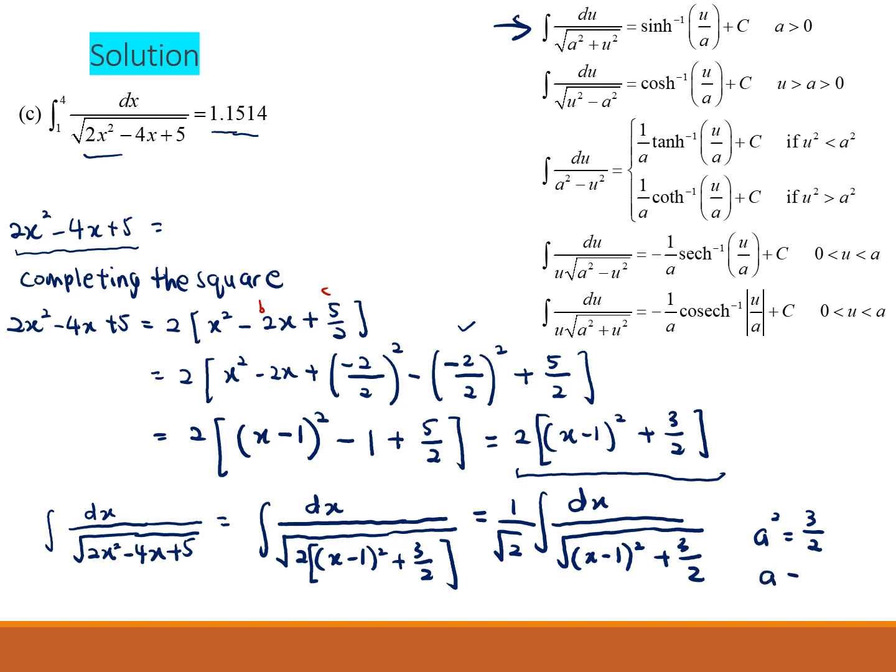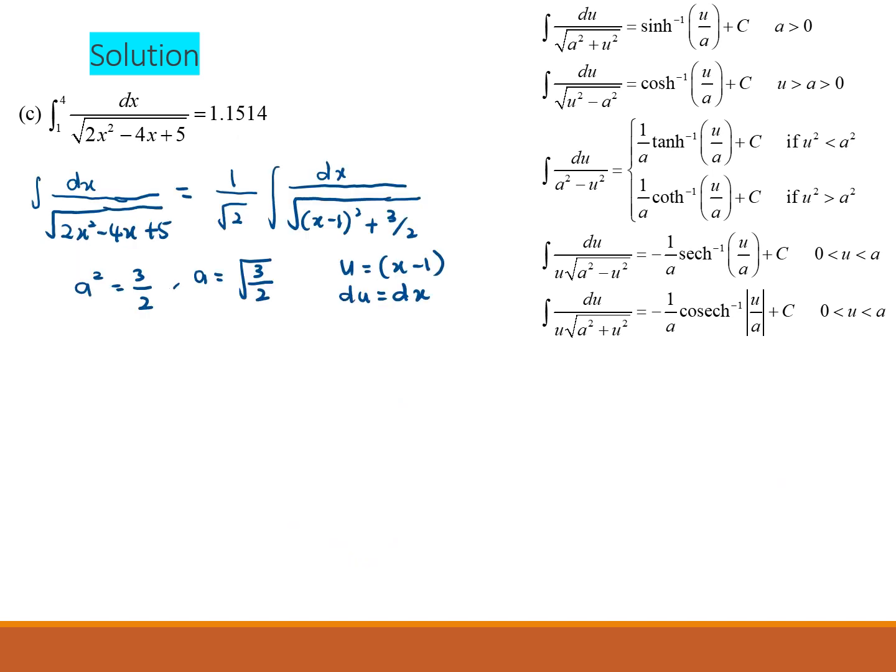So a is now equal to square root of 3 over 2. And then our u is equal to x minus 1. If we differentiate this, we get du is equal to dx.